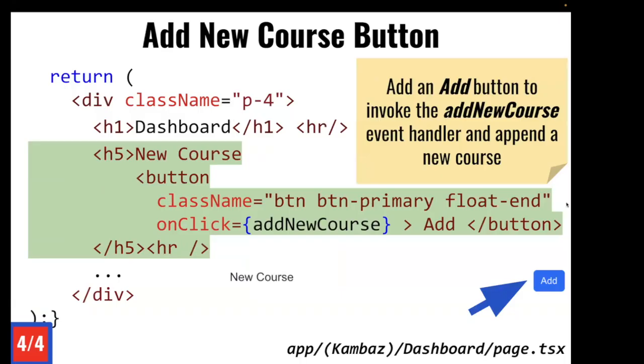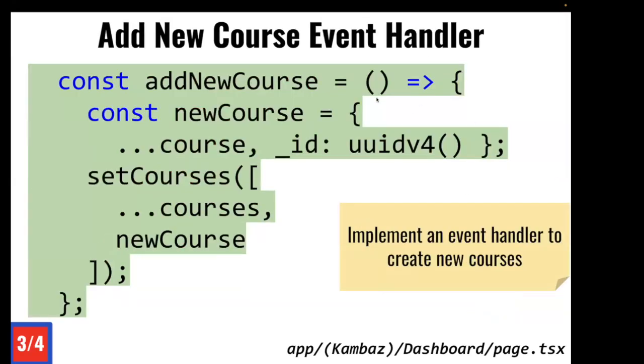In this case, it would be a reference to this button. Or if it's an input field or checkbox, it will have references to those input fields that we would have access to. But here we are ignoring it. It's being passed to us, but we don't care about it.